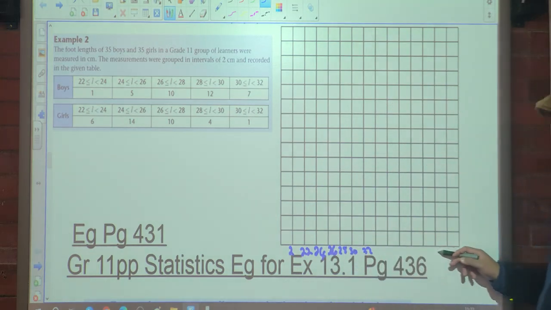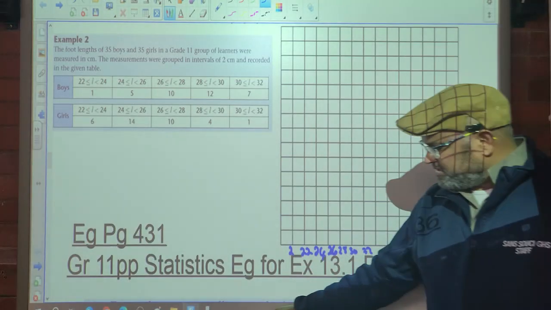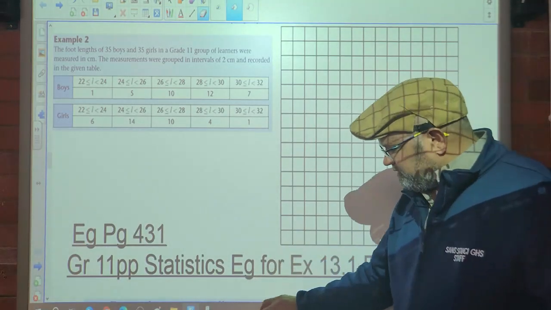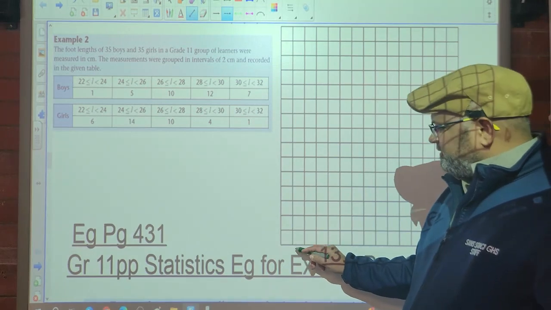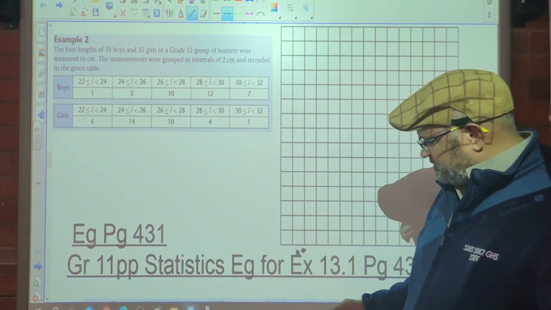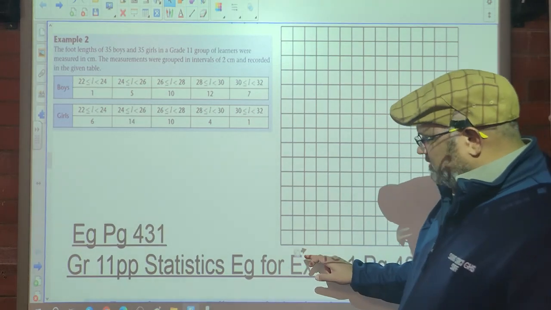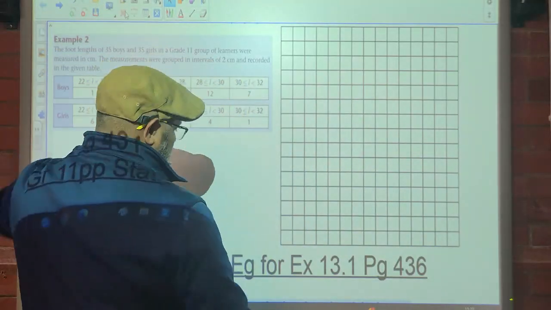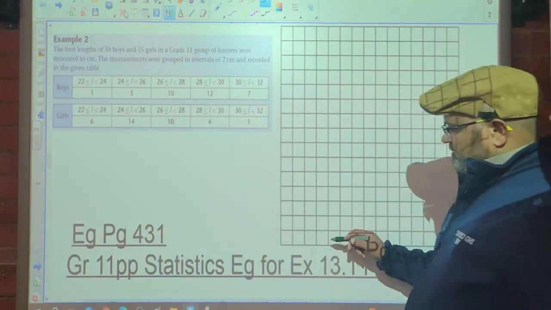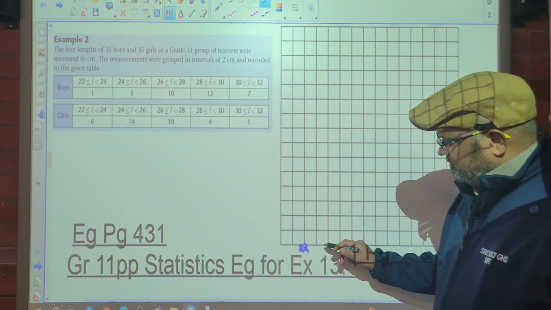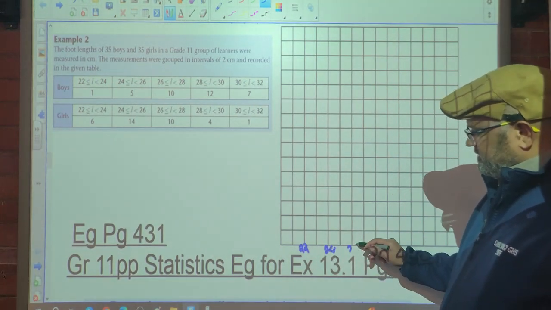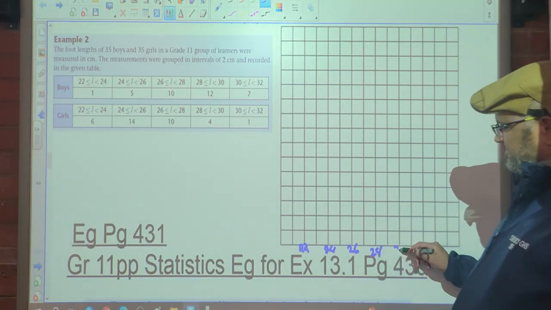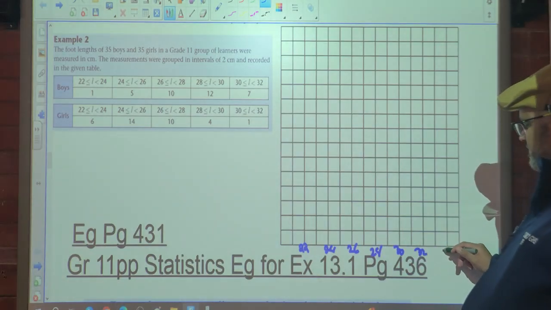You see all this unnecessary space here, so I make it rather a bit bigger. So let's go again: 22, 24, 26, 28, 30, 32, 34.